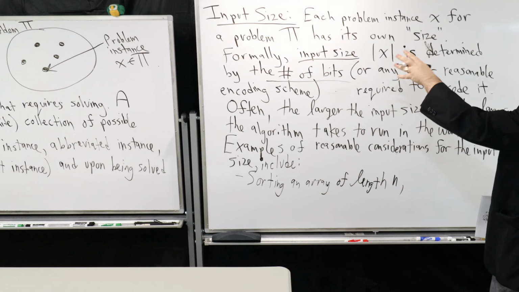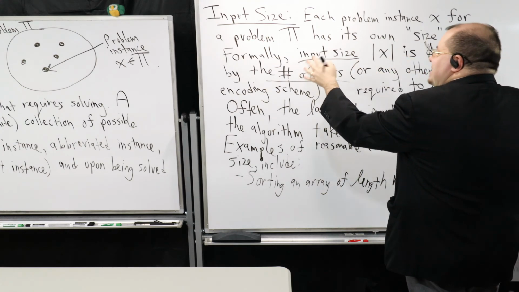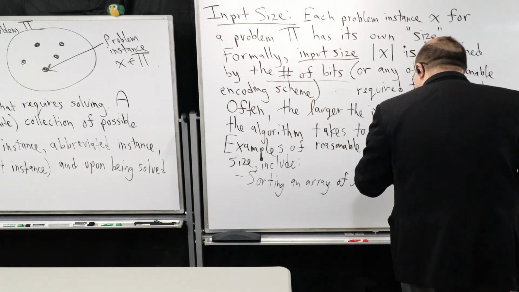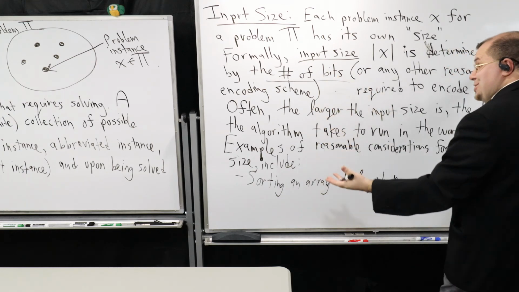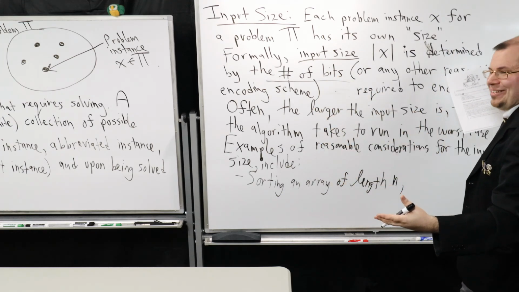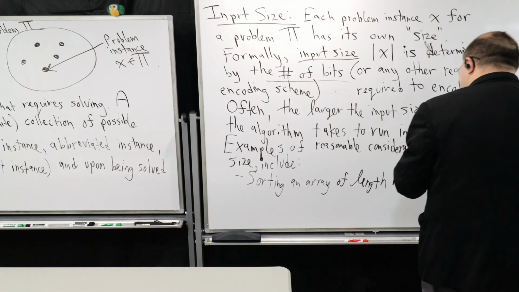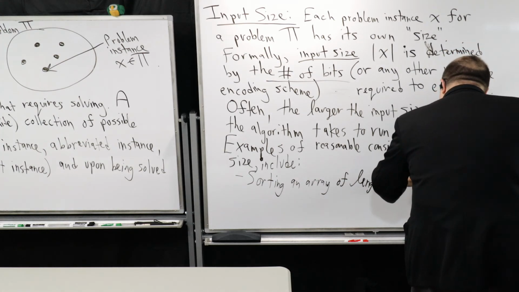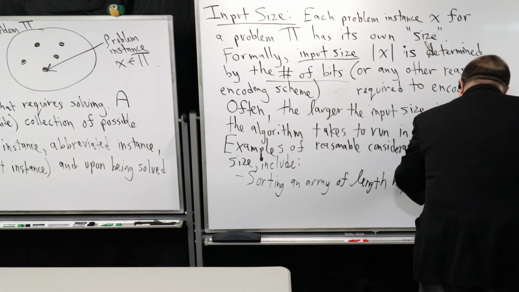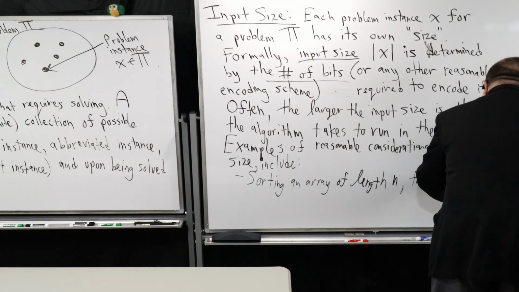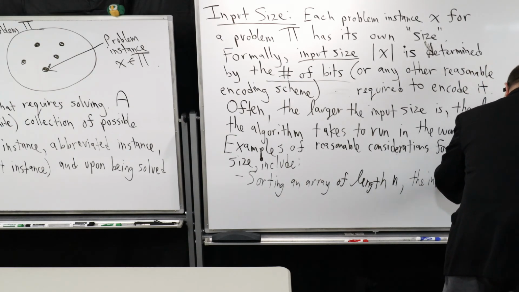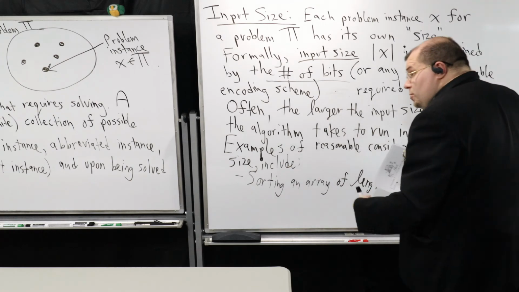I'm going to tell you why we don't have to actually sit down and measure these. You can if you want to, but it's absolutely unnecessary for most of the problems we look at. So the input size is n. This is a reasonable way of considering it.